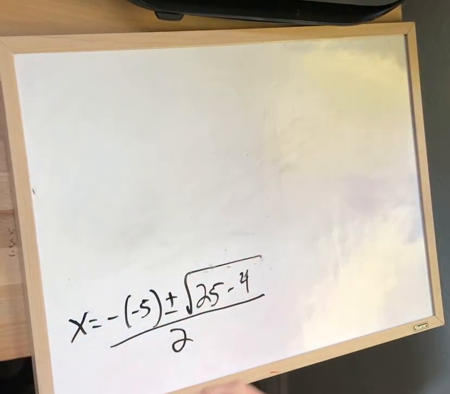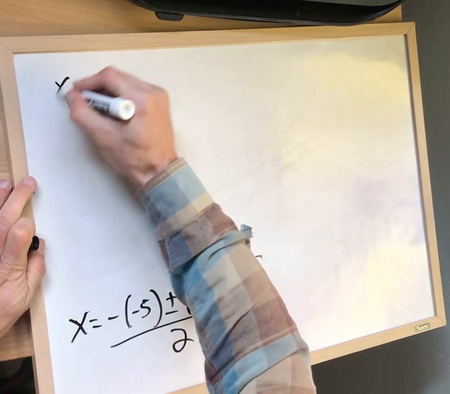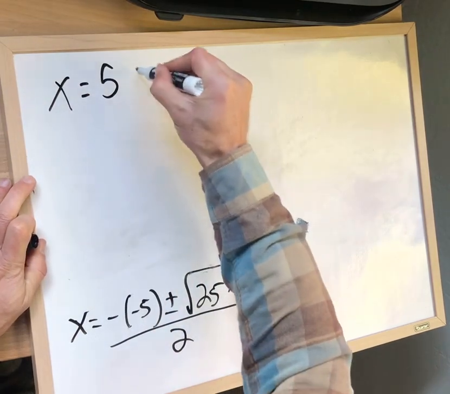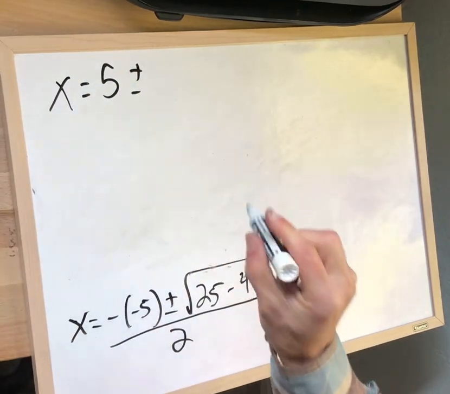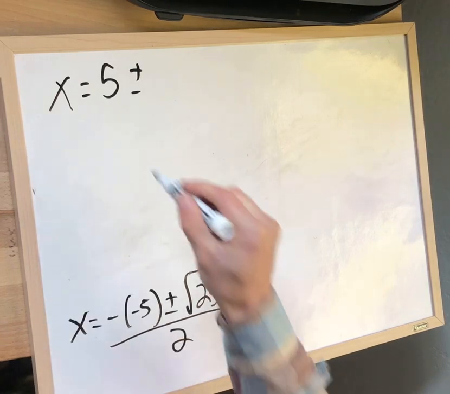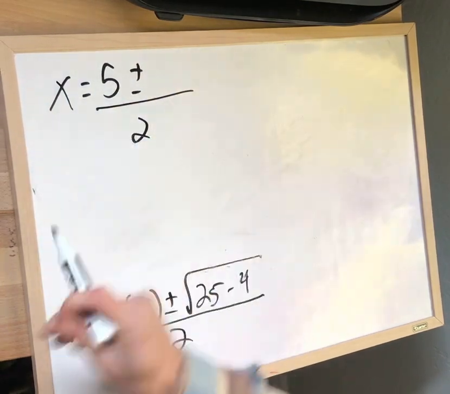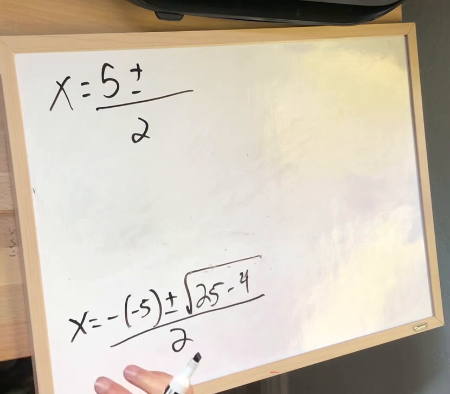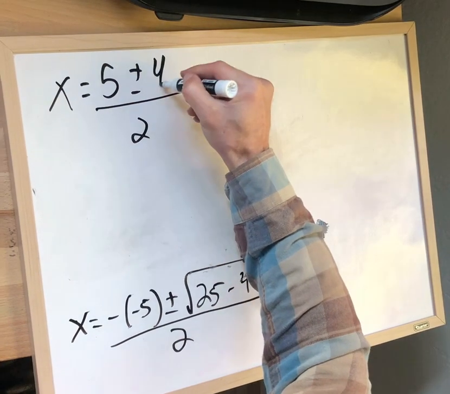Okay, so now when I do this, I'm going to have x equals negative negative 5, which is 5, plus and minus the square root of 21. 25 minus 4 is 21, and square root that. The square root of 21 is going to give me, let's just round and say 4.6.